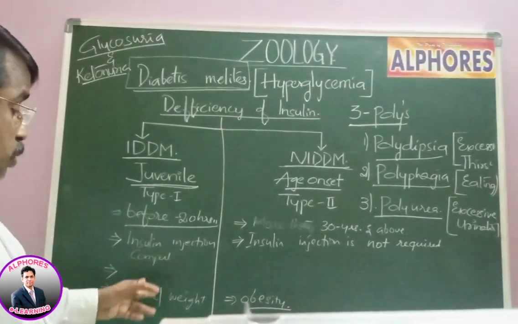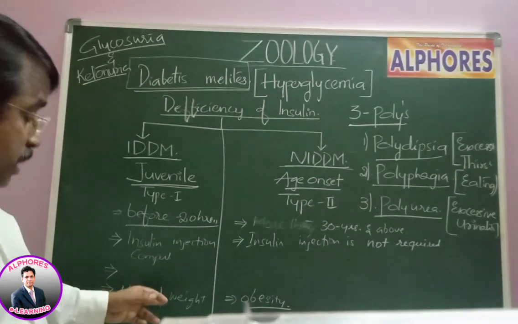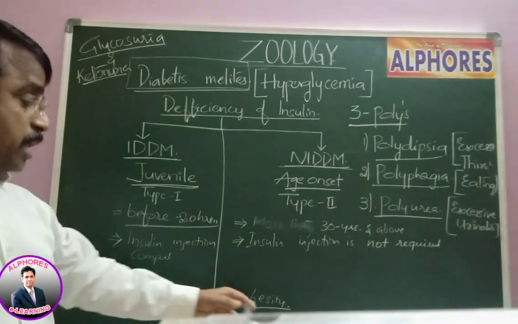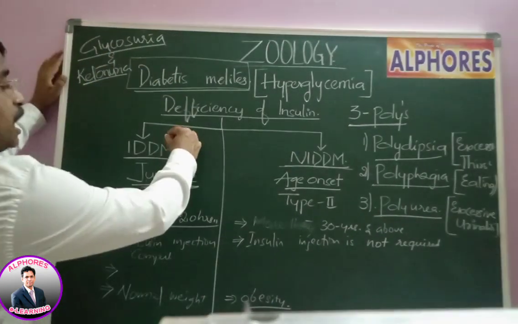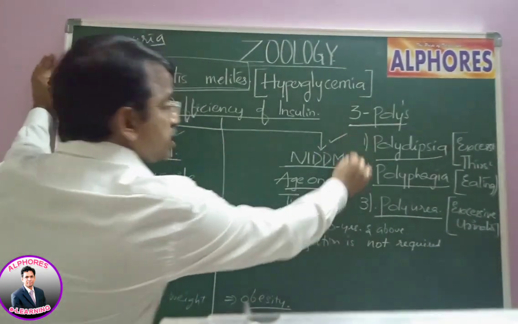And ketones are increased more here, whereas here they are normal. This is what we see, IDDM and NIDDM.